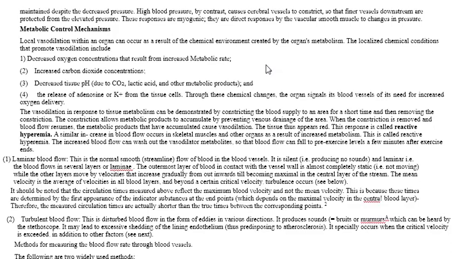When there is a decrease, there will be increased carbon dioxide concentration, which also promotes vasodilatation. Decreased tissue pH, when the pH becomes lower, when there is accumulation of carbon dioxide or lactic acid and other metabolic waste products.